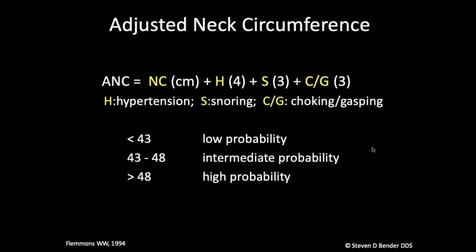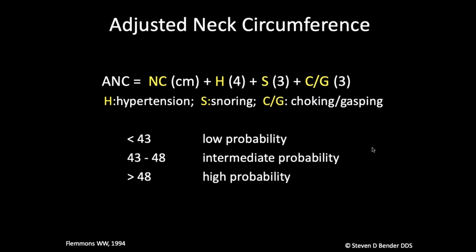So we talked about the neck circumference, 17 or greater in a male, 16 or greater in a female. There's also an adjusted neck circumference that was validated by Fleming back in 1994 that looked at what parameters we can add to this to make it more precise. With the adjusted neck circumference, you take the neck circumference in centimeters.